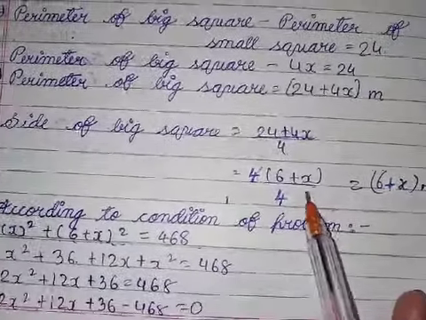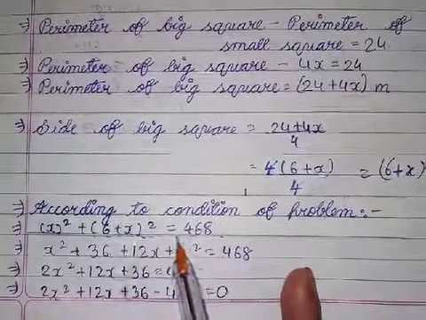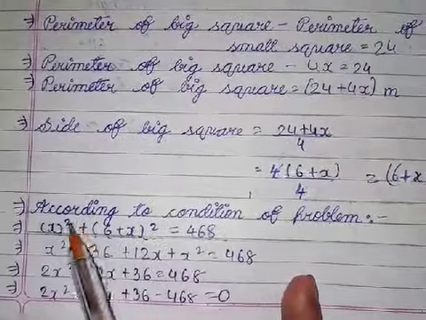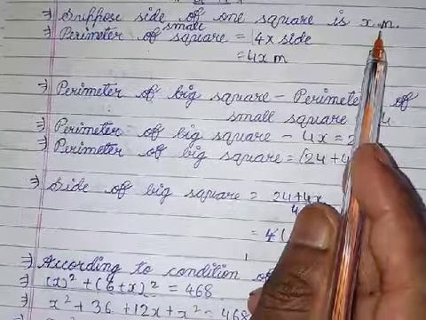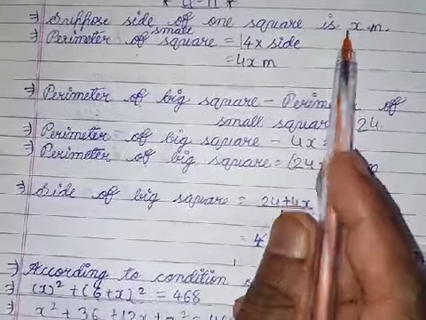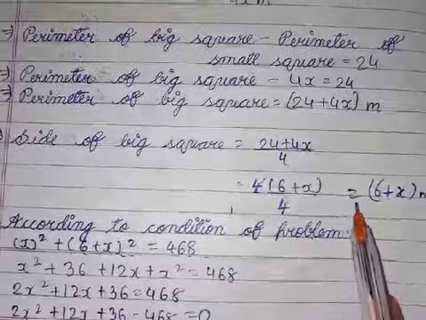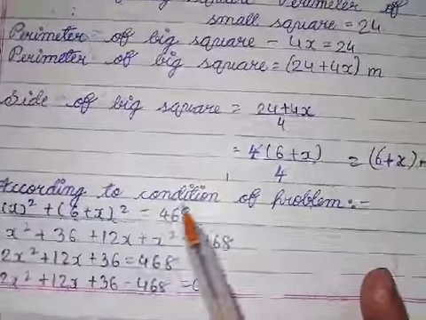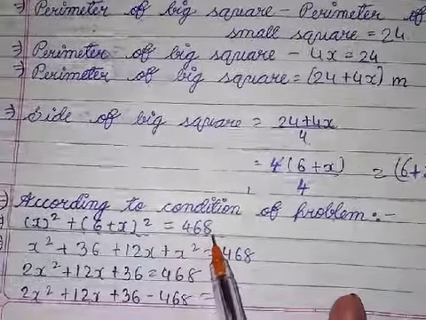Sum means addition. The side of the smaller square is x, so the area will be x square. Sum means plus. Then the side of the bigger square is x plus 6, so its square will be (x plus 6) whole square, is equal to 468.